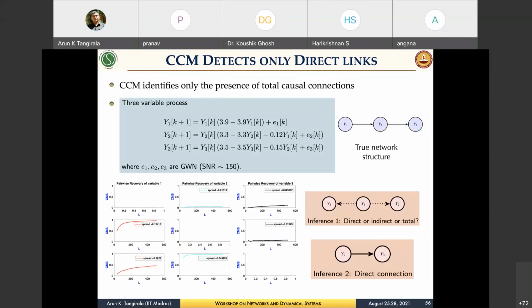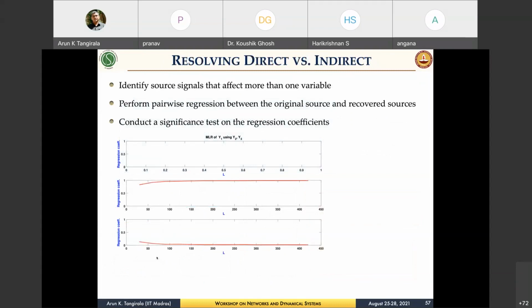So those are the regressors, and we regress the given series Y1 on these two recovered ones with the hope that the correct one will show up as the highlighted one, and for the indirect one, if the connection is indirect, the regression coefficient corresponding to the recovered one will be low. So it turns out nicely that it is indeed the case. But I will tell you, this method has its limitations, and now we have a much better method based on multivariable ones. But this is the method that's already published, and therefore I'm happy to share this with you.